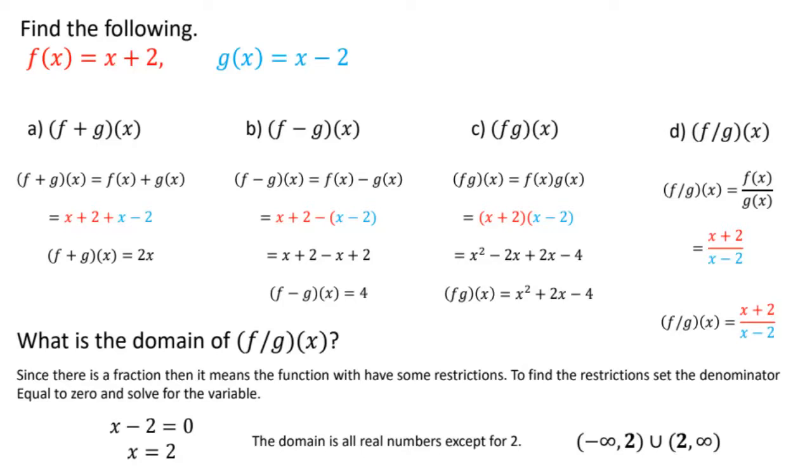So when we answer this, we're going to answer our domain in interval notation. The interval notation for all real numbers except for 2 is given by this. Parentheses, negative infinity, comma, 2, parentheses. Parentheses means that I'm not including the number. Please keep in mind, always put parentheses next to your infinity symbol, because infinity is not a number.